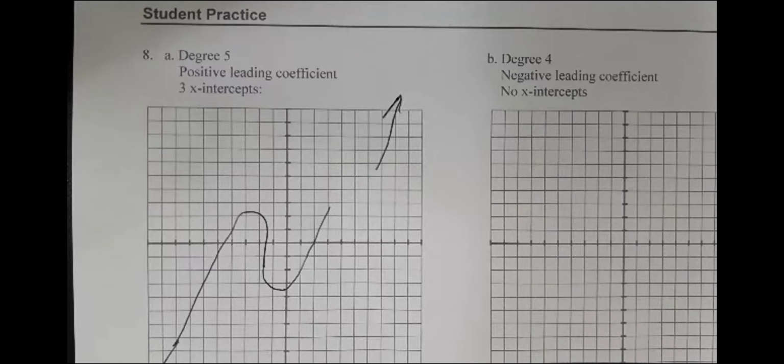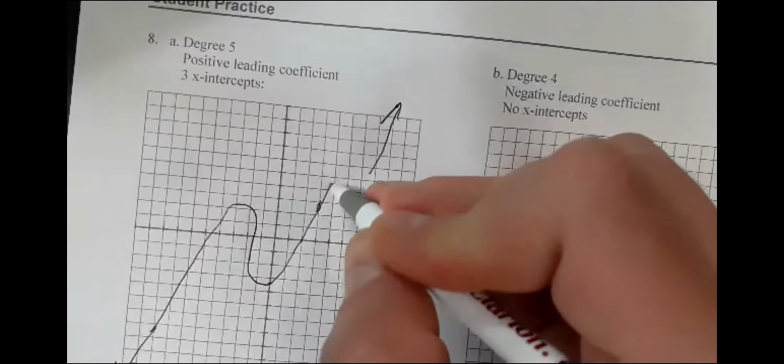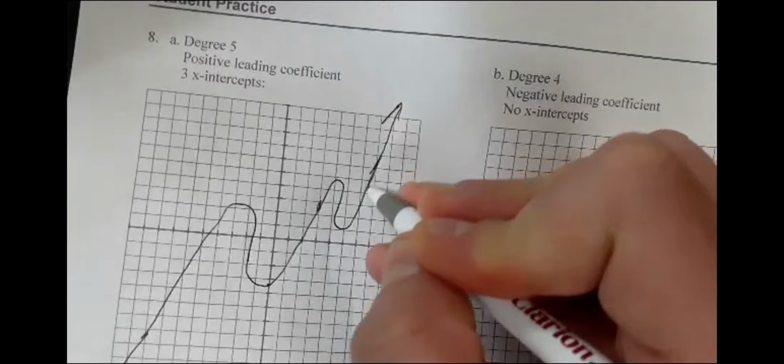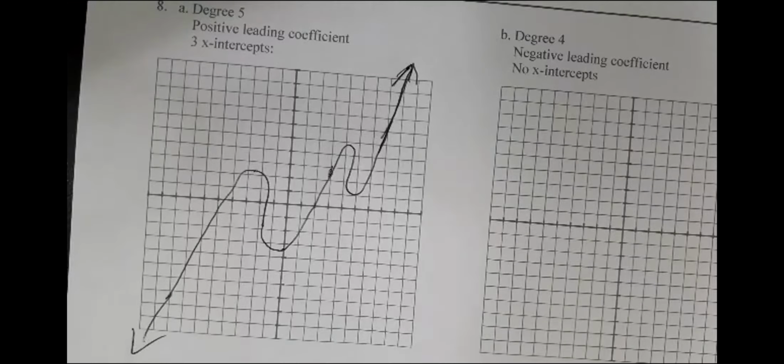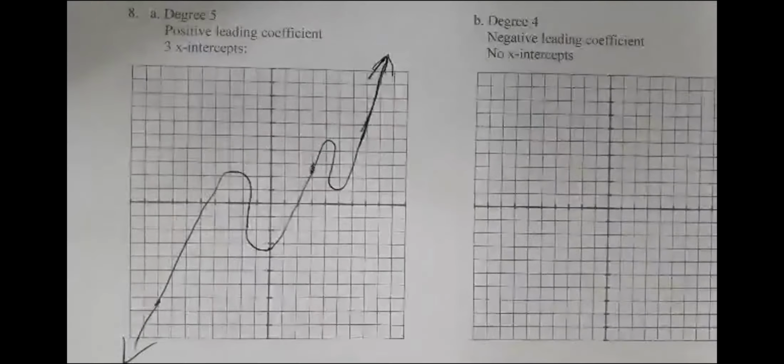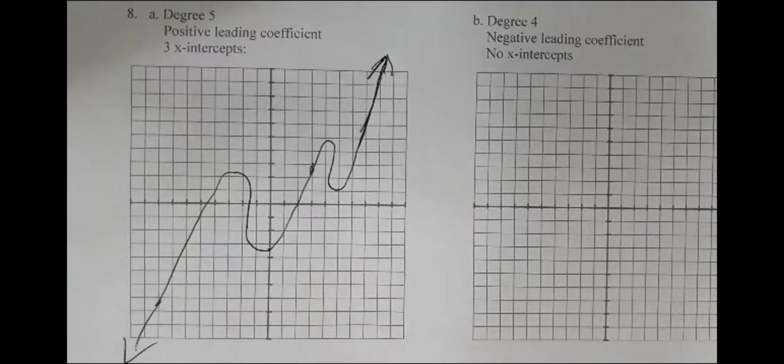Okay, and like I said, there's a few different ways you could draw this. So I have 1, 2, 3, 4 turning points. That gives me degree 5. The positive leading coefficient tells me that this looks like a positive line, and then the 3 x-intercepts, I have 1, 2, 3.